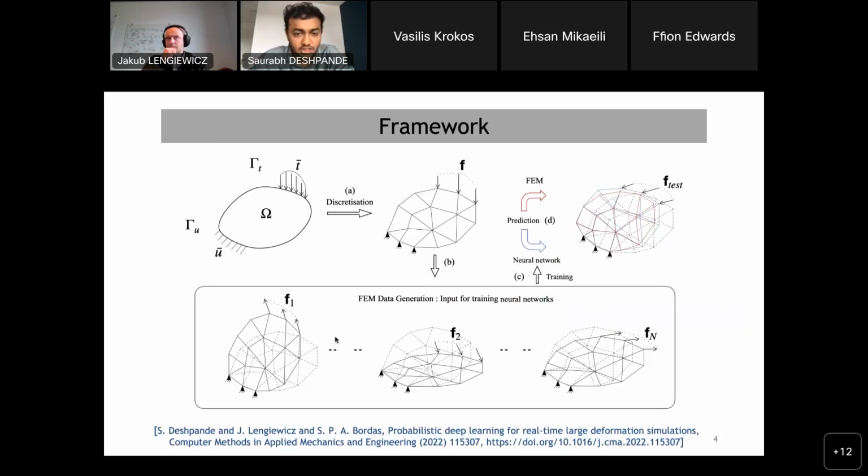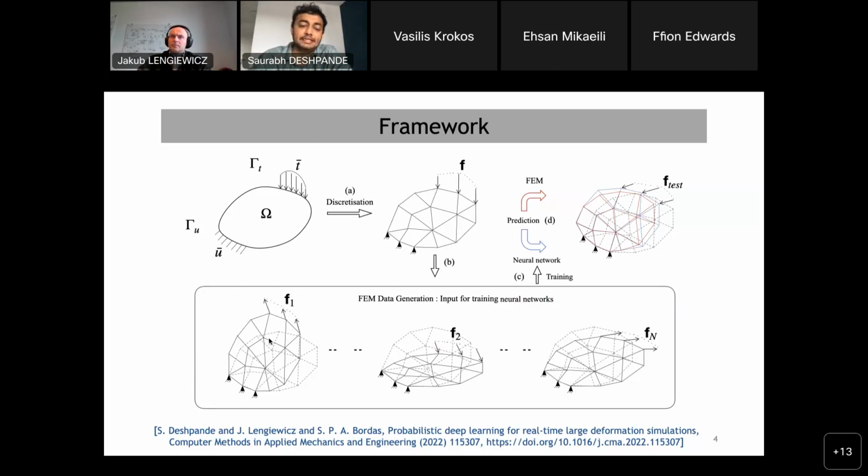So the general framework of the problems implemented in this presentation can be summarized in this slide. We have a continuous body which we will discretize in terms of finite elements that I just described above, and we pre-compute multiple solutions. So we apply forces in the prescribed range and we generate the displacement solution.